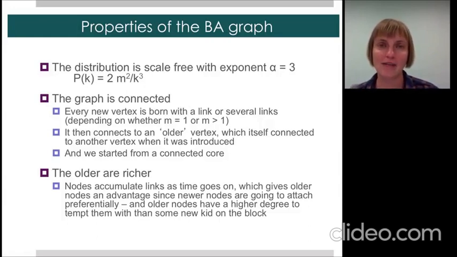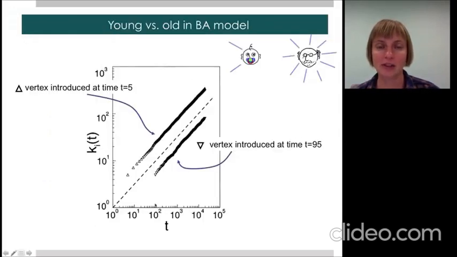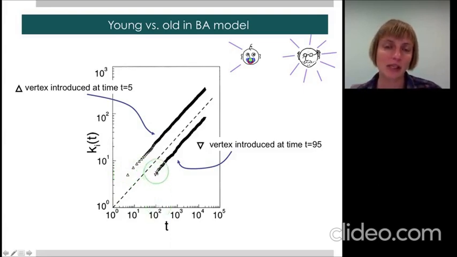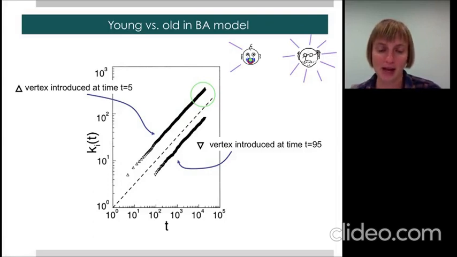We also have that the older are richer, and if you track the average degree of a node born at time 5 versus one that was born at time 100, that node that joined later is going to have a really hard time ever catching up to the node that had the advantage of being there early. Now, this is not entirely realistic either.